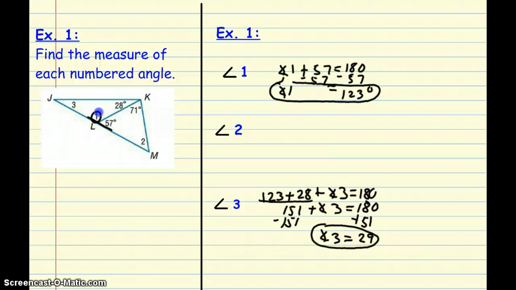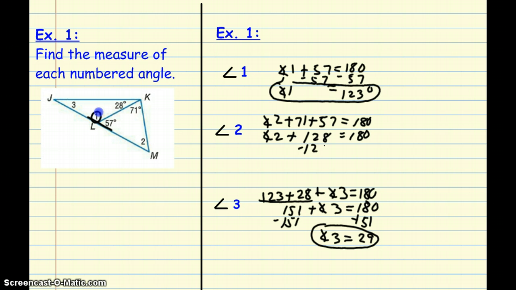So all we have left to do is to find angle 2. And just like angle 3, we know angle 2 plus 71 degrees plus 57 equals 180. We're going to solve that the same way. So angle 2 plus 128 equals 180.